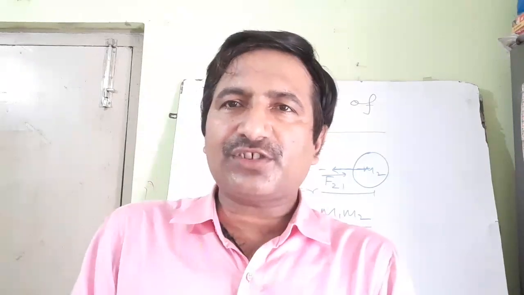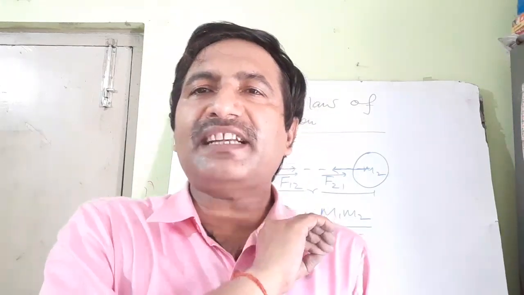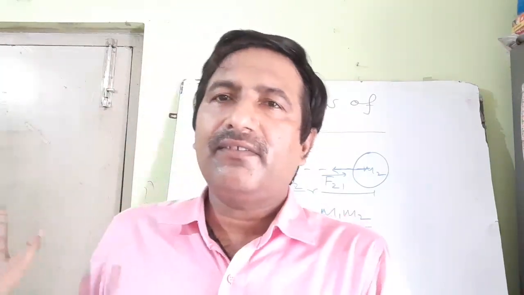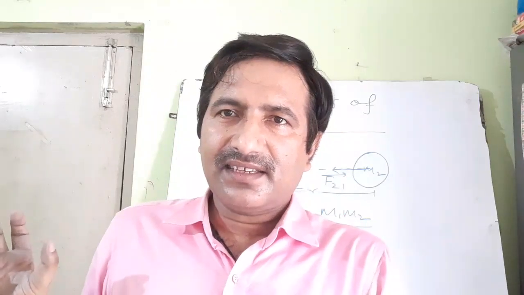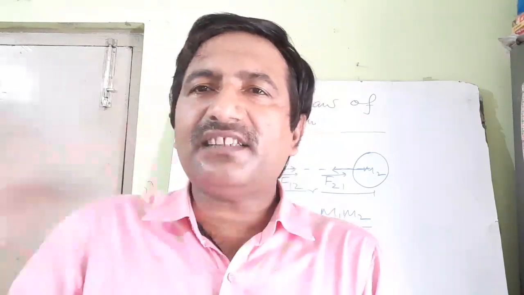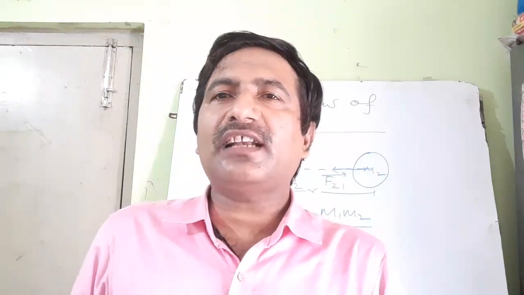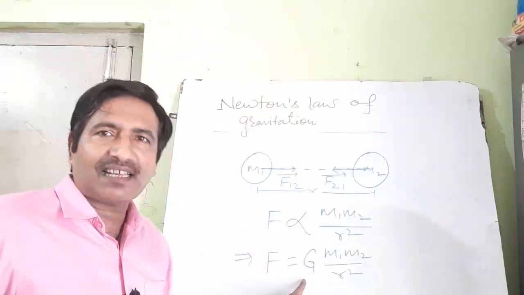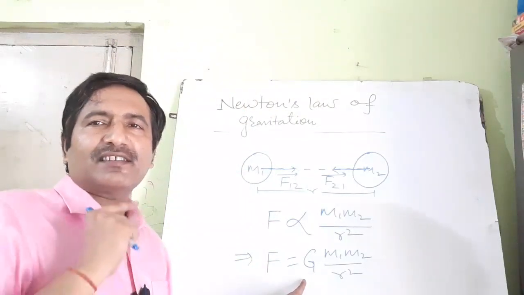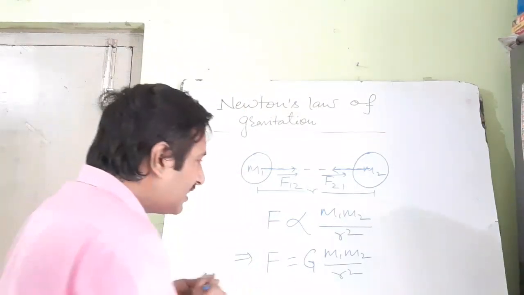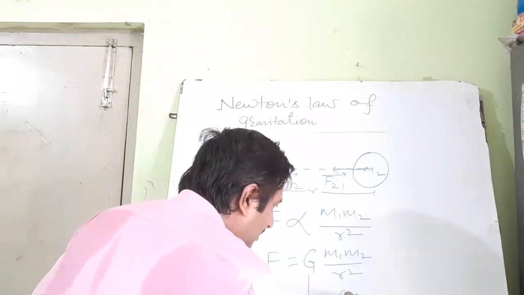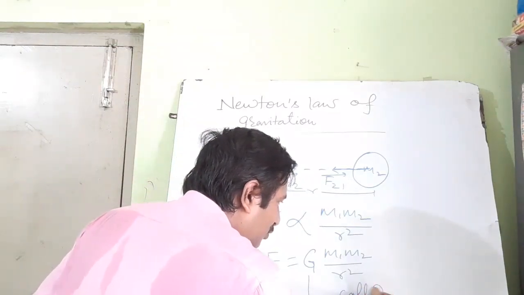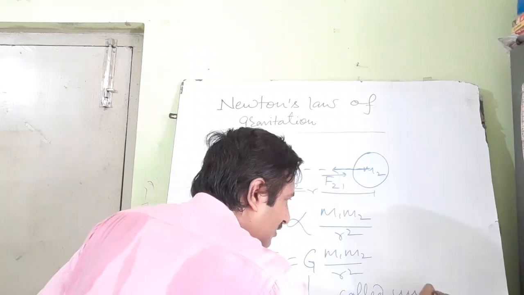But there is a constant which is independent of all the factors, which does not depend upon anything throughout the world, and that constant is called a universal constant. So this G is a universal constant which remains the same throughout the universe. So this G is called the universal gravitational constant.